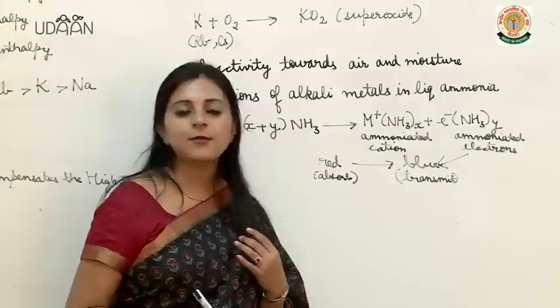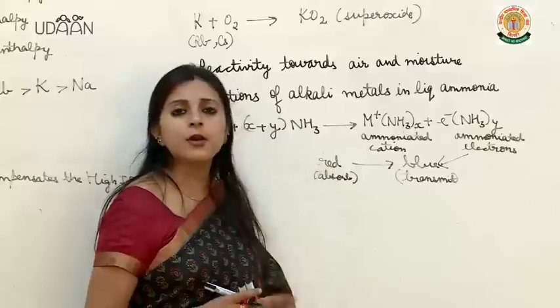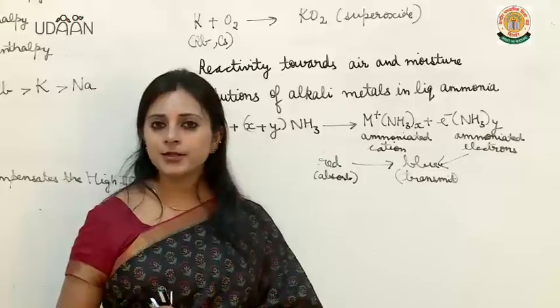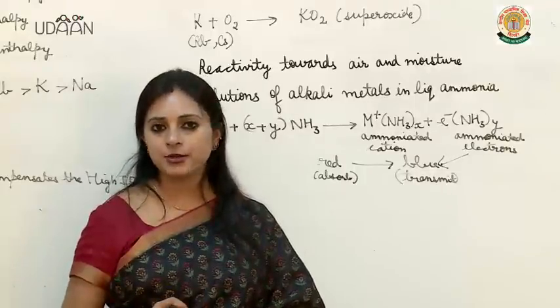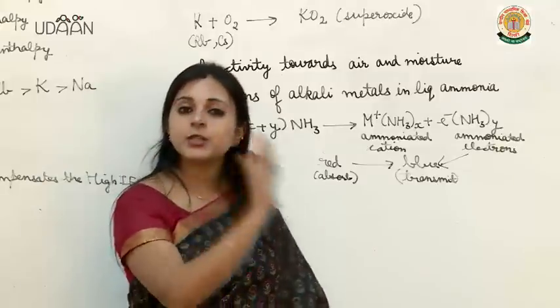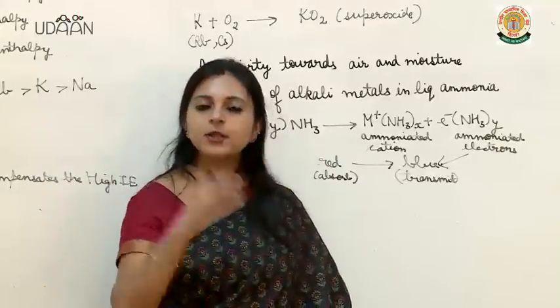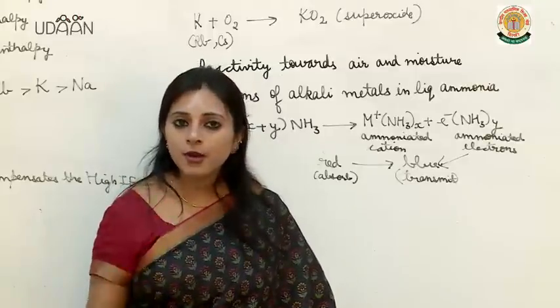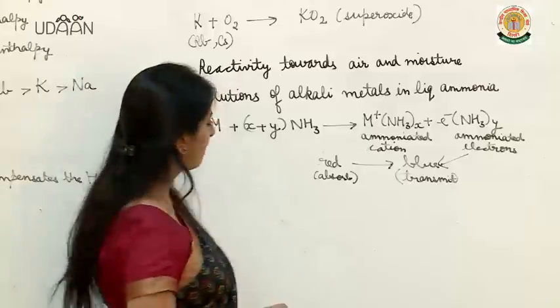Metal ion clusters are formed, because of which they become copper bronze in color, and now because of the formation of metal ion clusters, the solution becomes diamagnetic in nature. So the solution which was initially blue, which was initially paramagnetic, after the formation of metal ion clusters has now become copper bronze in color, and now it has become diamagnetic.